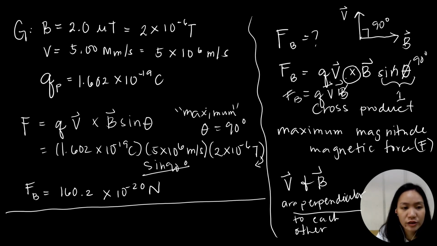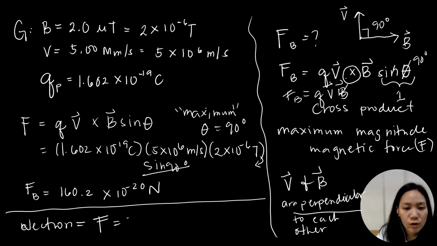Now, in the second question of the problem, it's asking for the magnetic force given that the particle moving in the magnetic field is an electron. For an electron, the magnetic force would be the same.